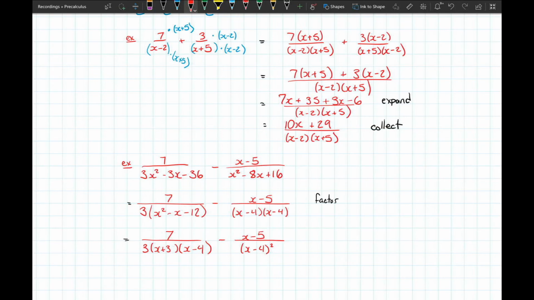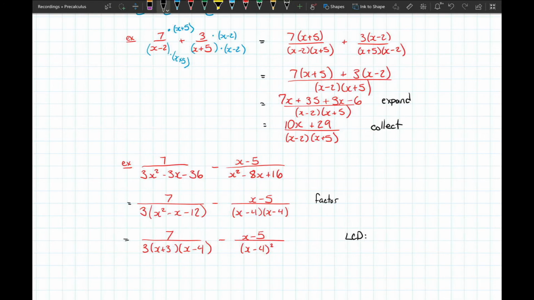All right, what do we need to have for a common denominator here? Look for the factors. We've got an x plus 3, we've got x minus 4s, and we've also got just the number 3. So the lowest common denominator, or LCD for short, well, we need to have the absolute maximum number of factors that either one of these expressions has.